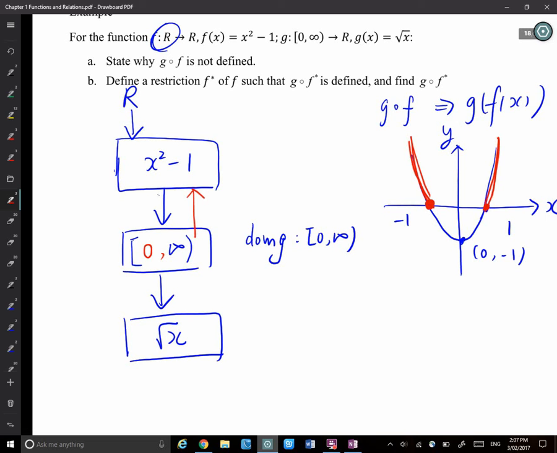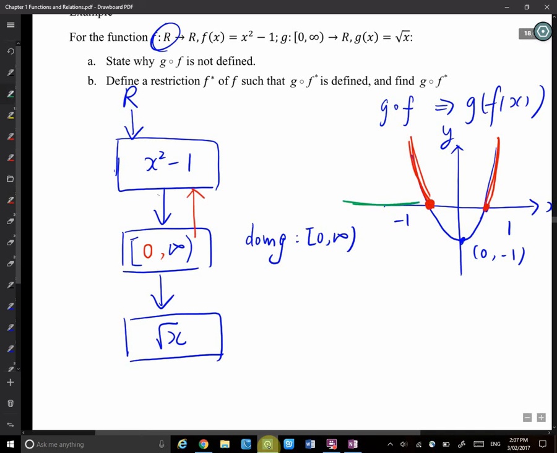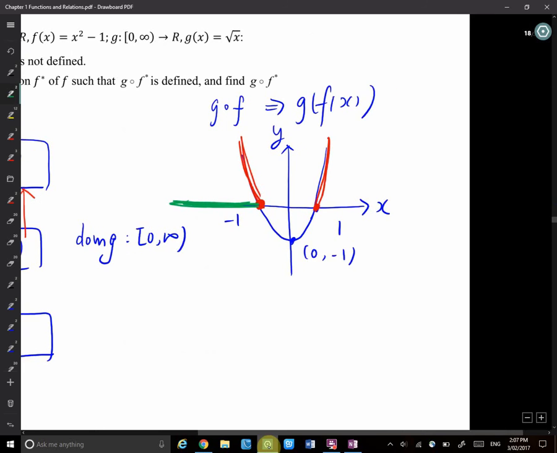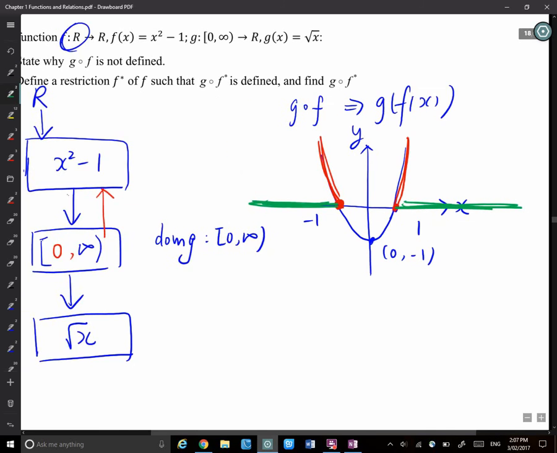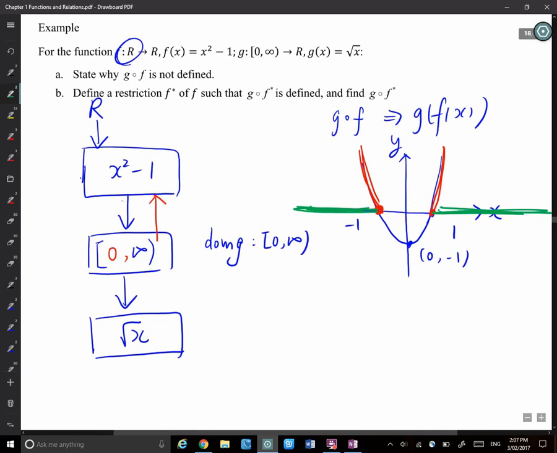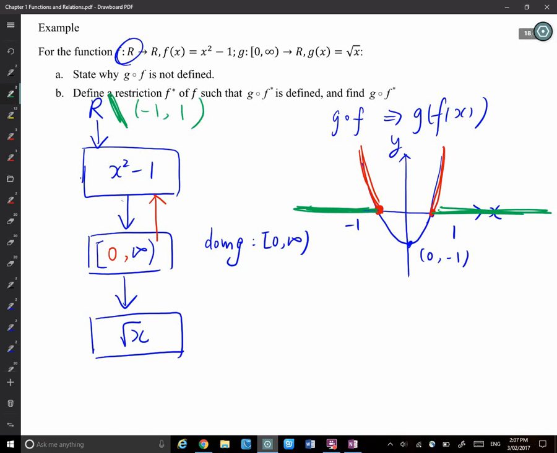So what are the x values that can give those y values? It is this part of the graph and this part of the graph. So basically it is R except negative 1 to 1. That is the domain for the composite function.